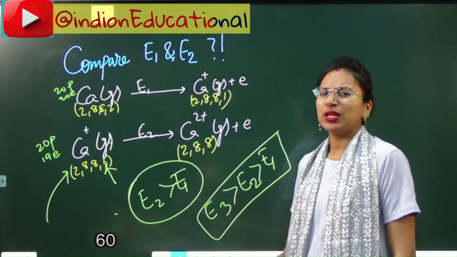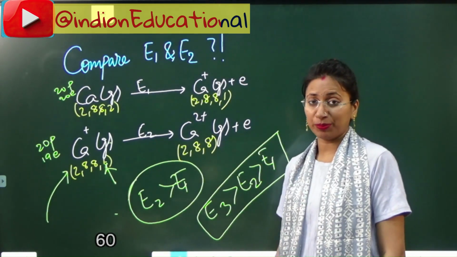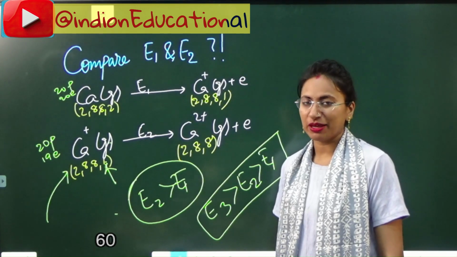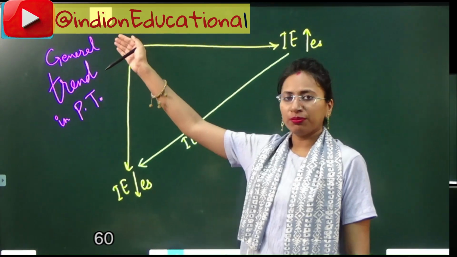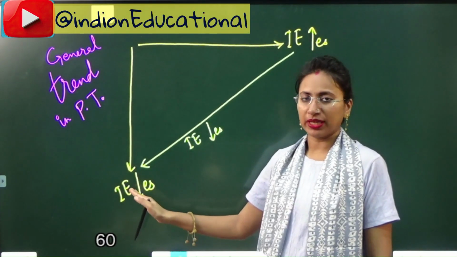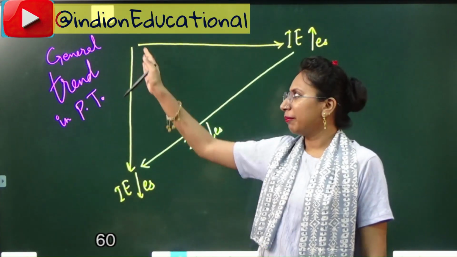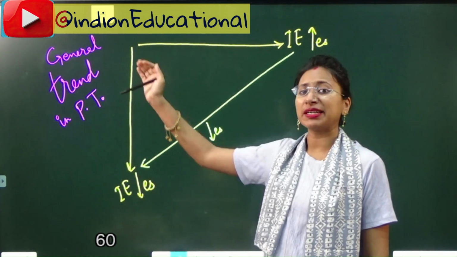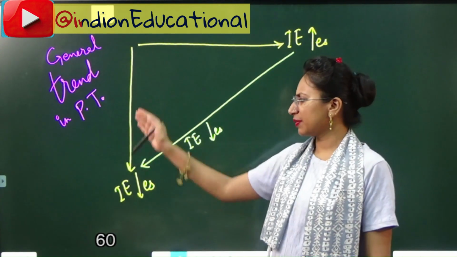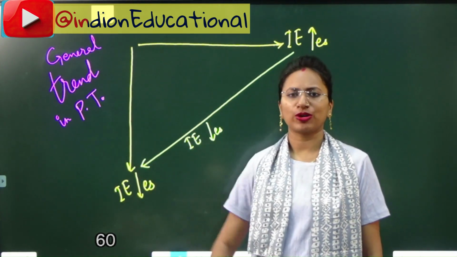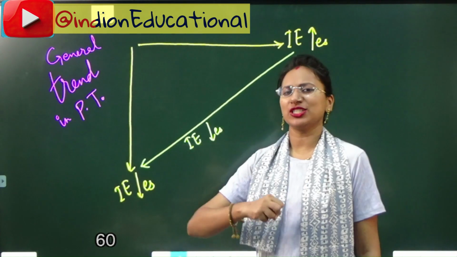Now let us relate the trend of ionization energy in the periodic table. If you move from top to bottom in a group in the periodic table, metallic character increases. As metallic character increases, the metal has a tendency to lose electrons. Very good metals will easily lose electrons, which means lower energy will be required.